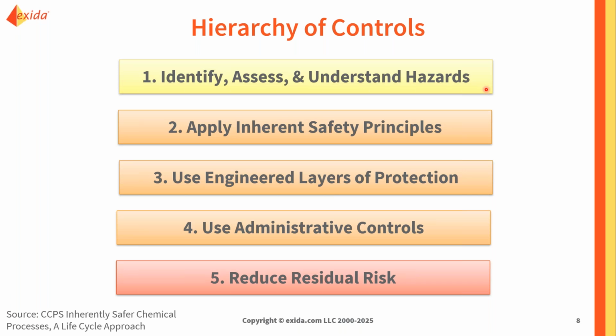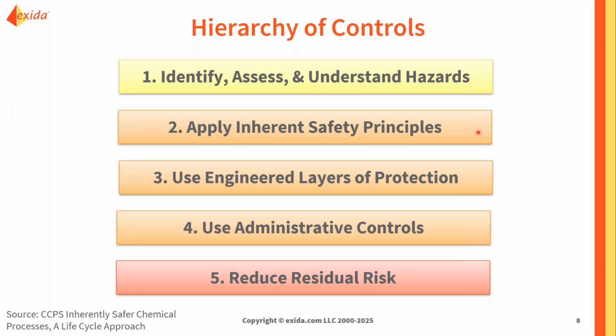If we don't understand what the hazards are properly, we're not going to be able to pick the right techniques or implement the right strategies to try to limit those hazards. So everything starts with an understanding of our baseline risk and what can go wrong in our system or in our site. Once we have that understanding, then we can look at applying inherent safety principles.